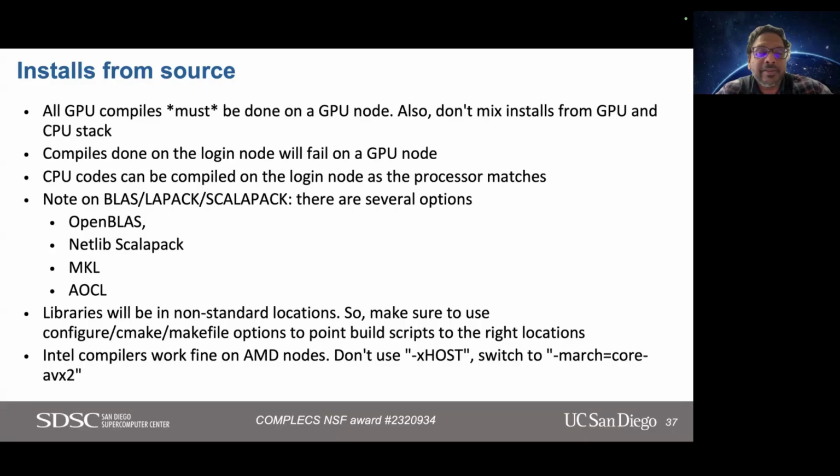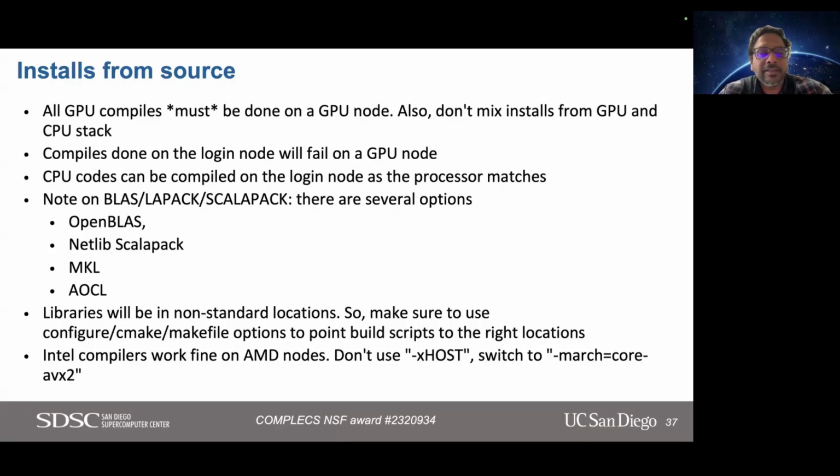Sometimes you'll see makefiles and configures and CMakes will look for those standard locations. So you might load a bunch of modules on Expanse and then run your configure script or CMake script, and it comes back and says, no, nothing exists on your machine. That doesn't necessarily mean it's right. You have to look into it a little bit and see, can I actually point it to the location?